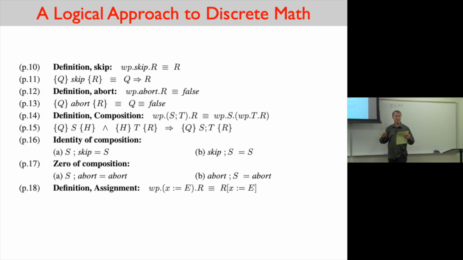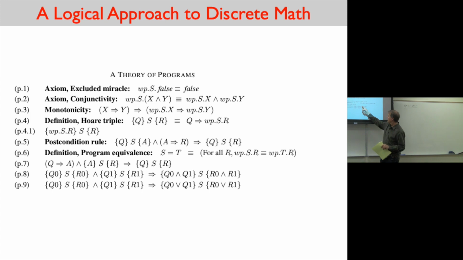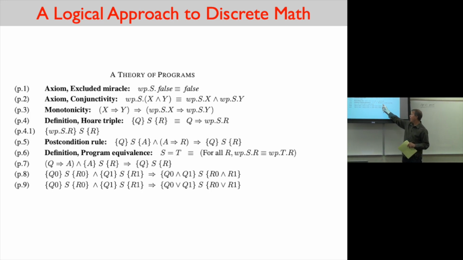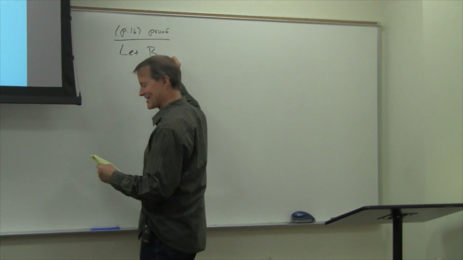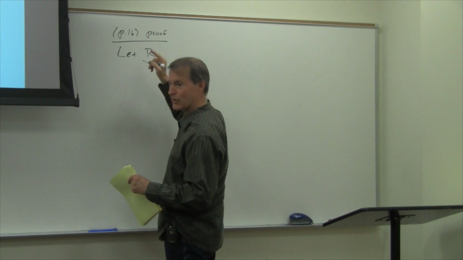You let R be an arbitrary postcondition. Program equivalence, P.6: prove that the weakest precondition of one statement with that arbitrary postcondition equals the weakest precondition of the other. So here's how you have to write this out in English.